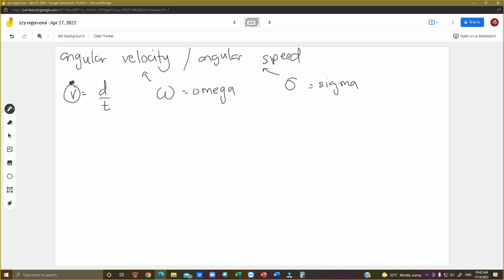If linear involves displacement and time, so omega also involves displacement. But displacement in angular, apa dia? Theta over time. Benda yang sama nampak. So kalau sigma, kalau speed tadi distance over time, sigma it will be pi over time.